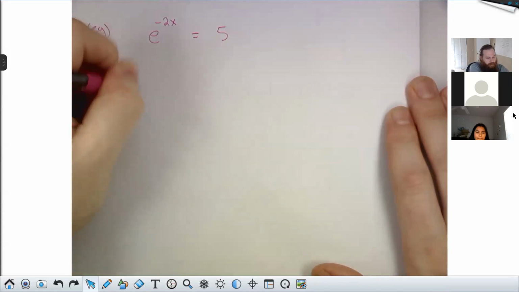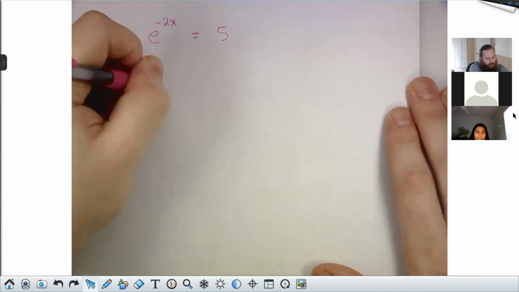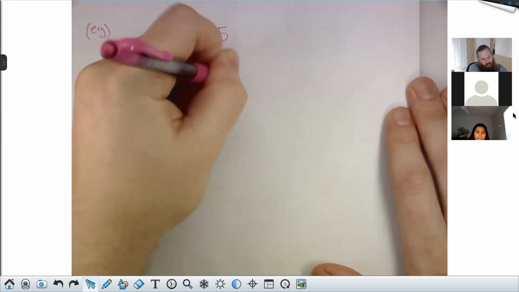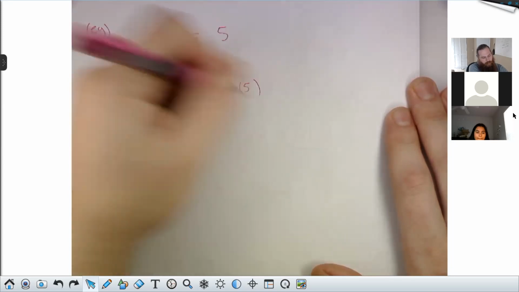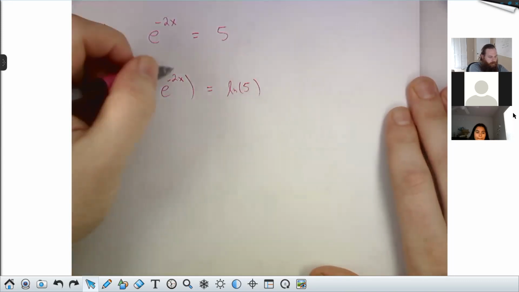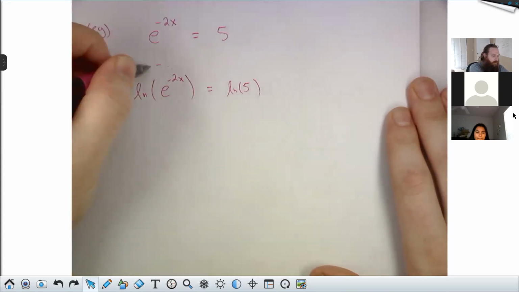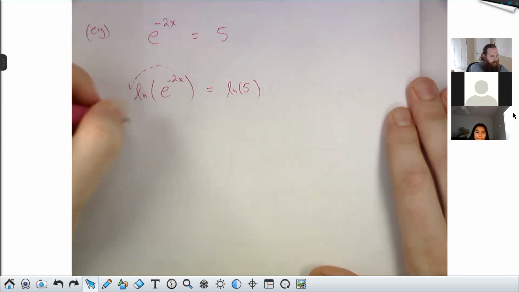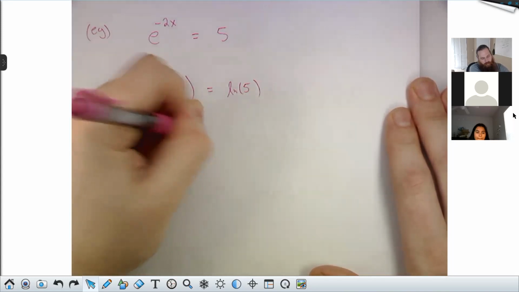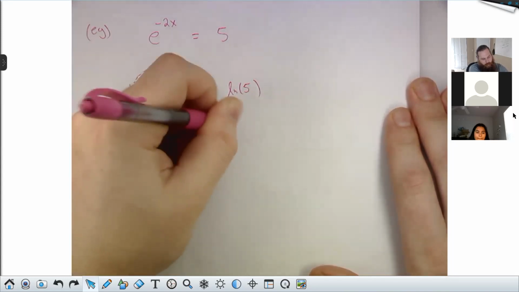I would begin by taking the natural log of both sides. And then on the left-hand side, I can again bring this power down. So I'd have negative 2x times the natural log of e is equal to the natural log of 5.